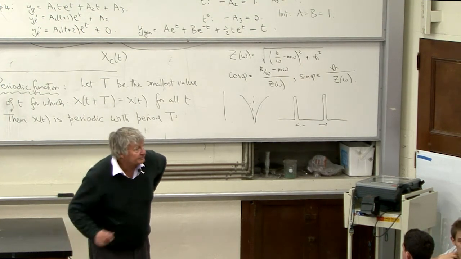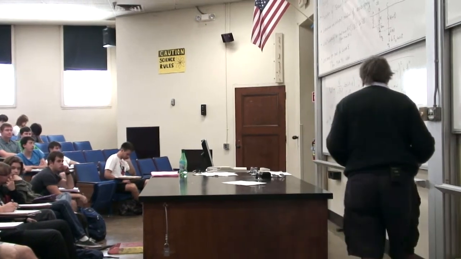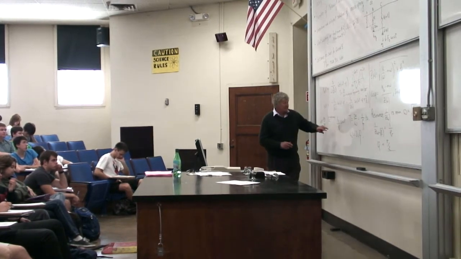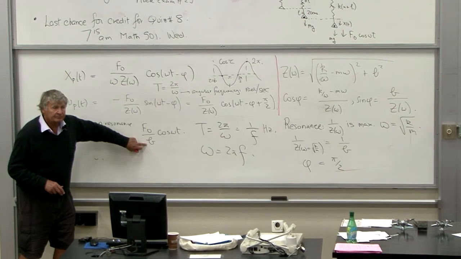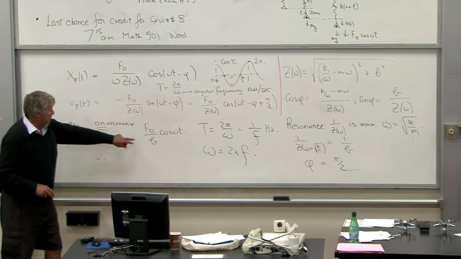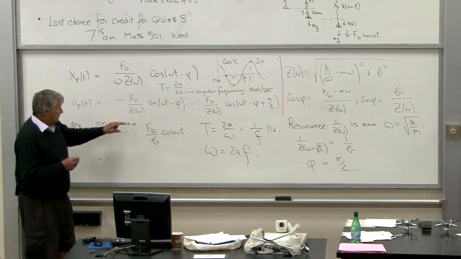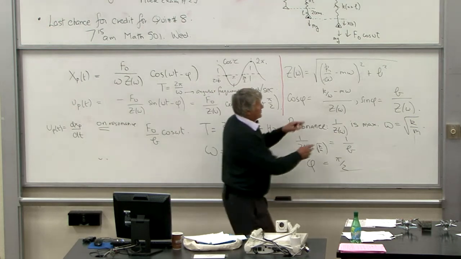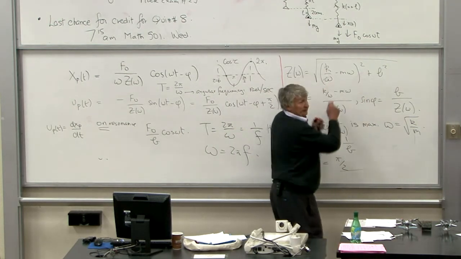Sorry? So what is Z of omega? Think of what's happened here. In the electrical circuit, when you were on resonance, this would be R. So this would be the resistance of the circuit. But the Z of omega, when you're not on resonance, contains two terms. The resistance, and this term.